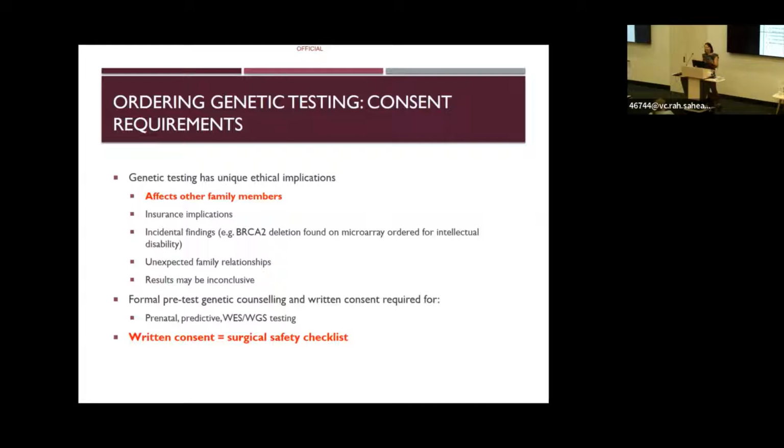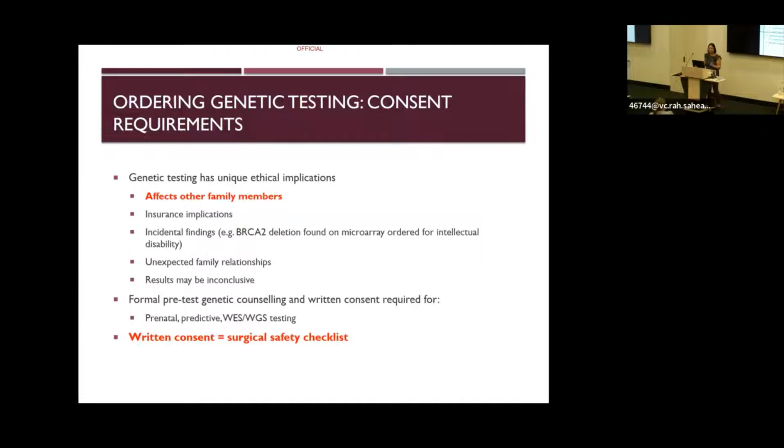And with any kind of other testing that you do, the results may be inconclusive. Now, for some of our indications for genetic testing, prenatal, predictive, so on, because the complexity of that testing is so advanced and the implications of that testing is so profound that we require formal, professional pre-test genetic counselling and written consent.